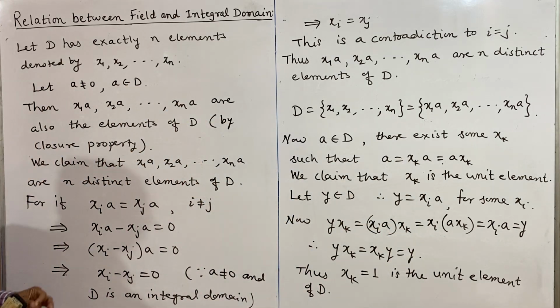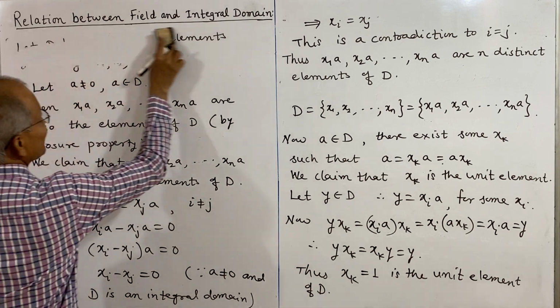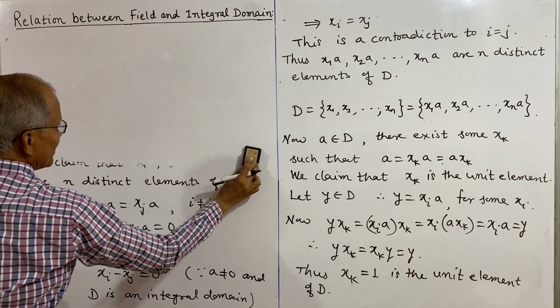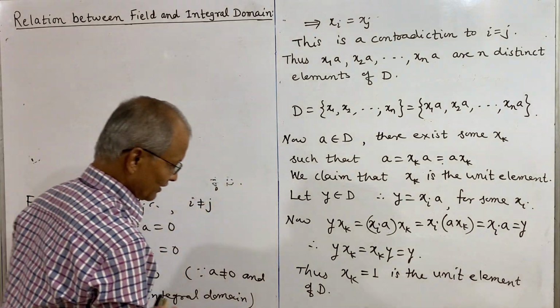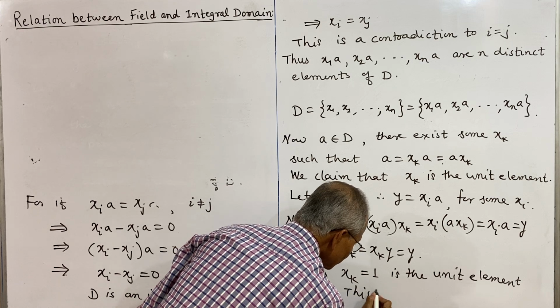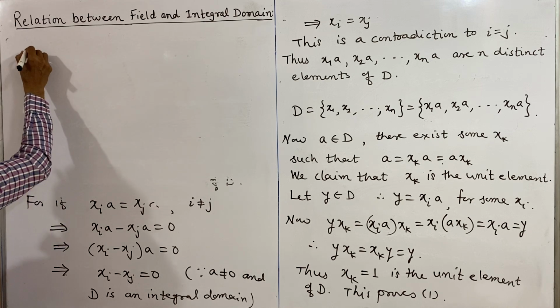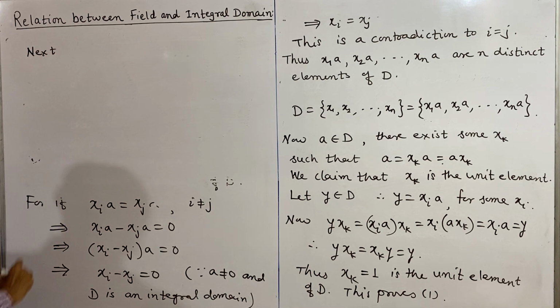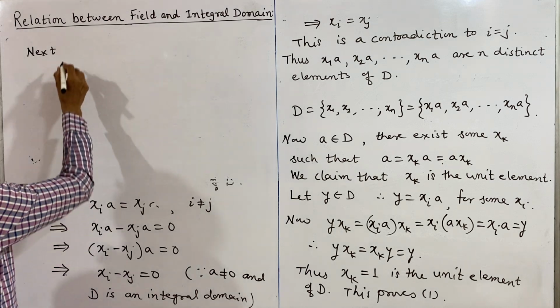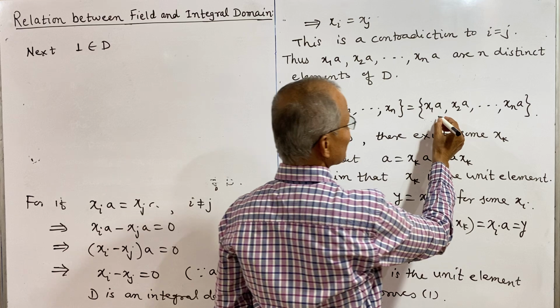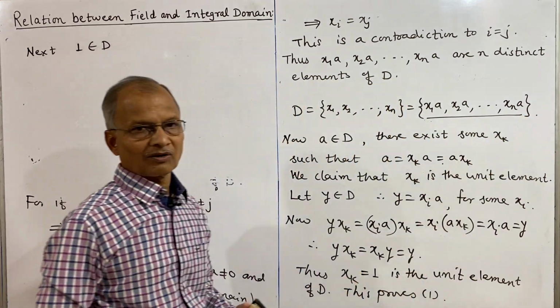So this is what we had to prove for the first condition. It contains a unit element. Now what is the second condition? Every non-zero element has a multiplicative inverse. That follows easily. This proves the first part. Now next, 1 belongs to D. 1 belongs to D means 1 is one of these elements.